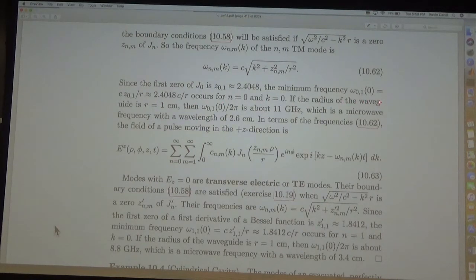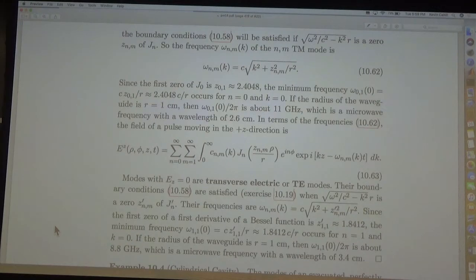And if the radius of the waveguide is 1 centimeter, then this is about 11 gigahertz. So I guess that's the lowest frequency you can have in a waveguide with a radius of 1 centimeter. I guess that would be the conclusion.